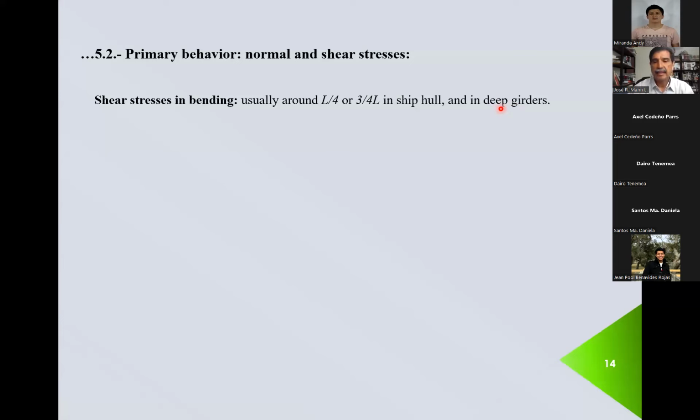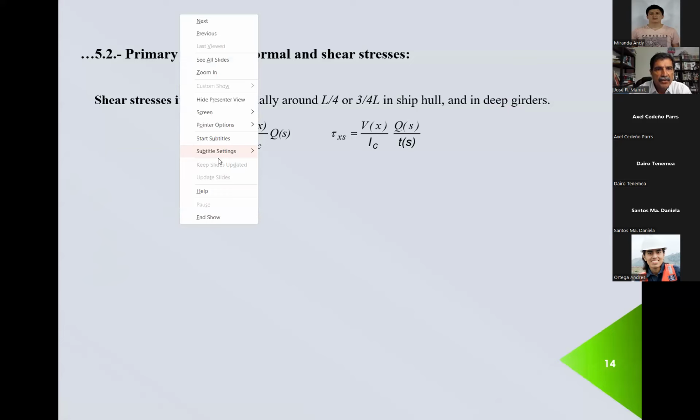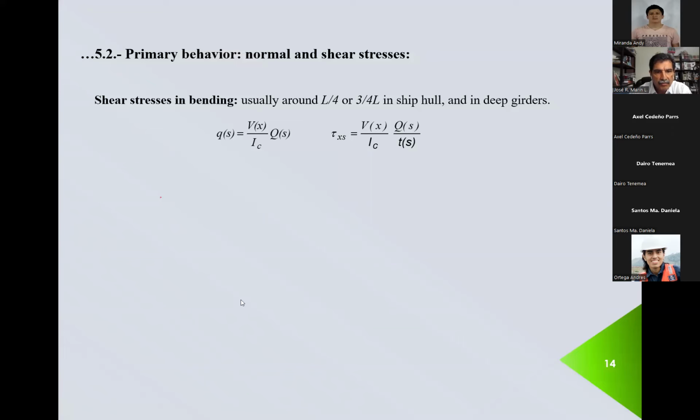Okay, so that's that. Now let's review these two equations that we have from chapter 2. Do you remember what is little q here? Mr. Ortega, do you remember what is little q? The shear flow. Shear flow, yes. And what is large Q?